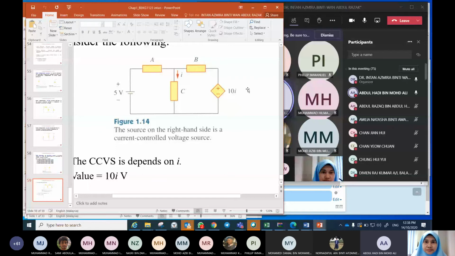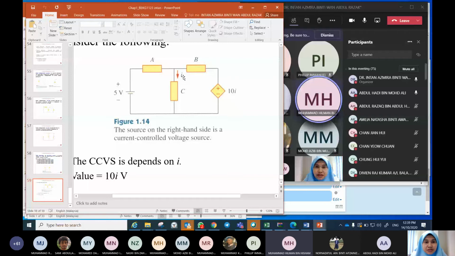Any other question? The dependent source becomes 20I because if I is 2 amps, yes. That is why we call it dependent, because the value here depends on the current.